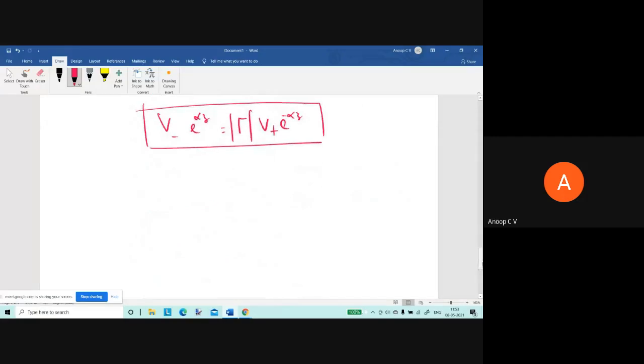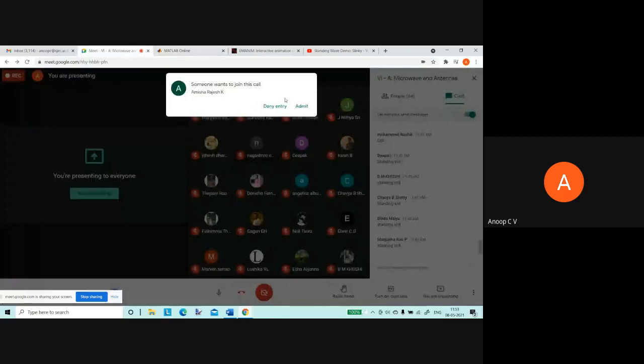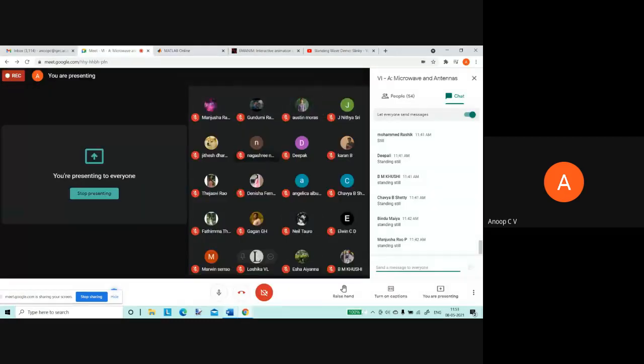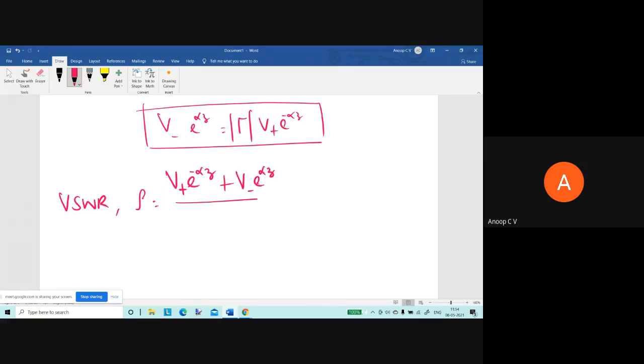So I'll write the equation of rho once again. The voltage standing wave ratio, that is rho, is equal to V plus e power minus alpha z plus V minus e power alpha z divided by V plus e power minus alpha z minus V minus e power alpha z.